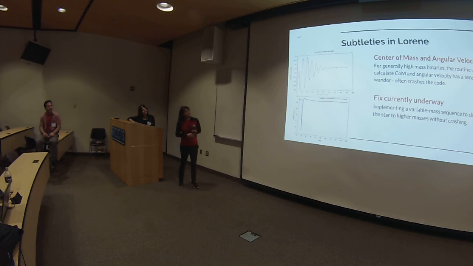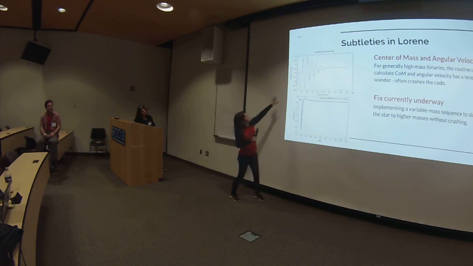Another issue that we're facing right now is the center of mass and angular velocity. For generally high mass binaries, the routine used to calculate the center of mass and angular velocity has a tendency to wander, and it often crashes the code. You can see, for example, in this one it's not so bad, but in this one, this is a run where the stars are equal masses and at a distance of 65, and this is the center.